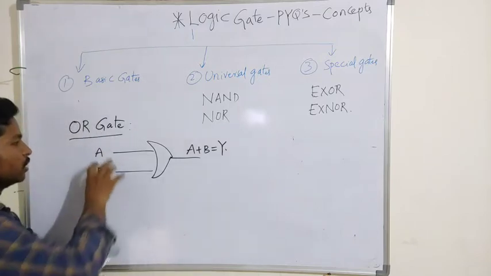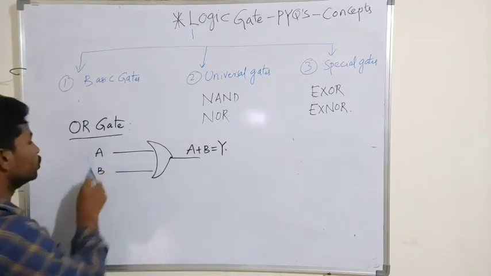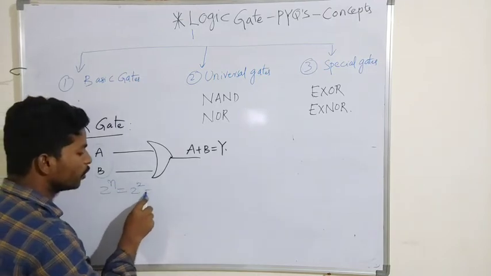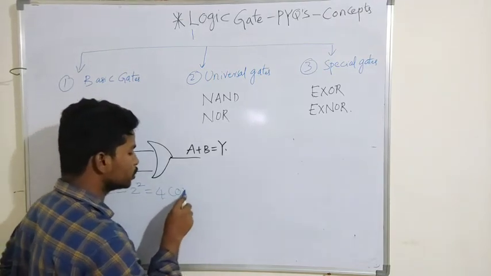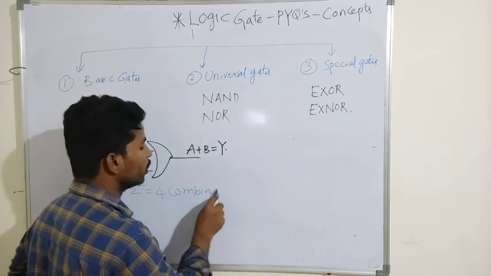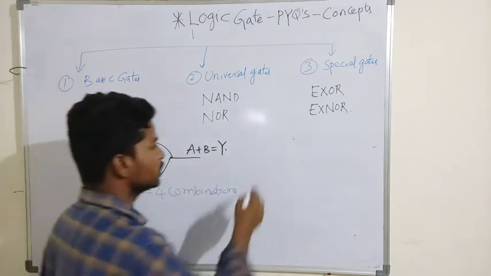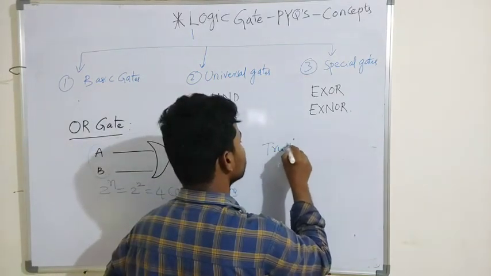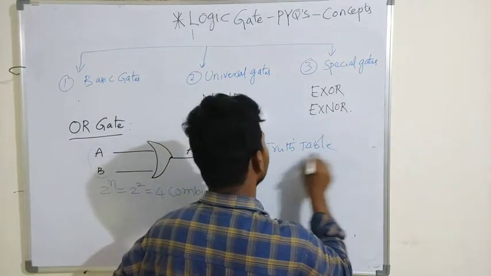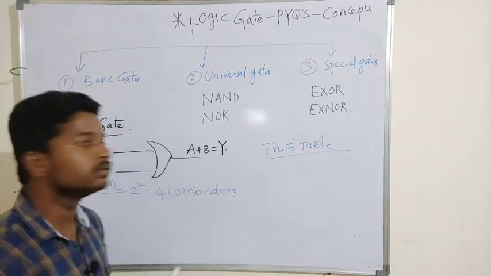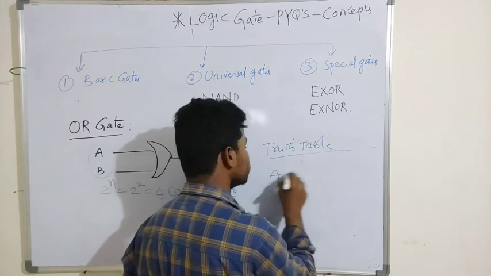Because of two inputs, we will have 2 to the power of n, that is 2 power 2, so 4 combinations are possible with the OR gate also. If we discuss the truth table, in the last video we discussed binary addition and binary subtraction, and the same case applies here.